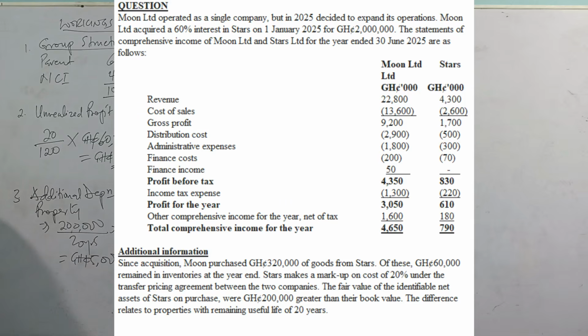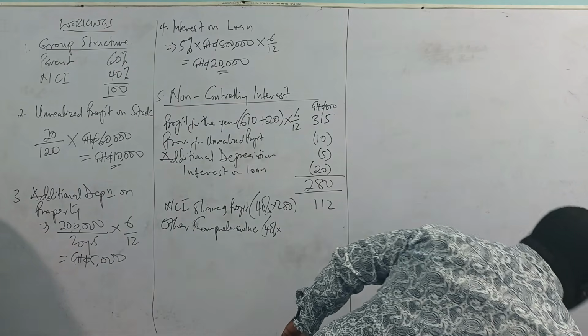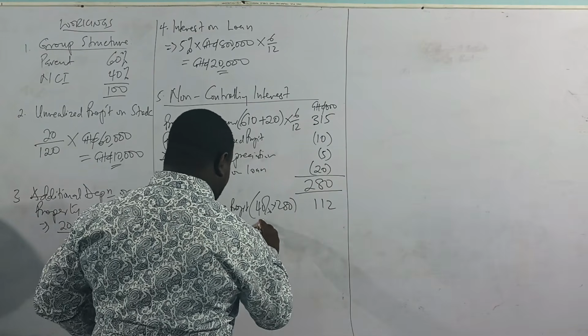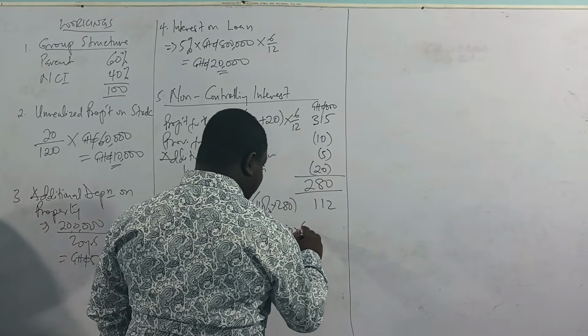Now let's go to the question and see. The other comprehensive income of the subsidiary was 180. So that will be 40% of 180 times 6/12.